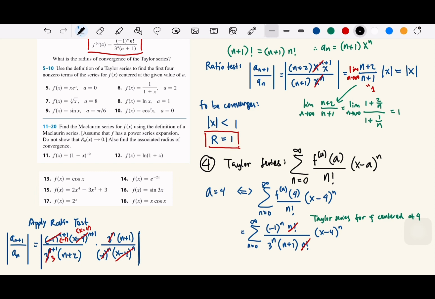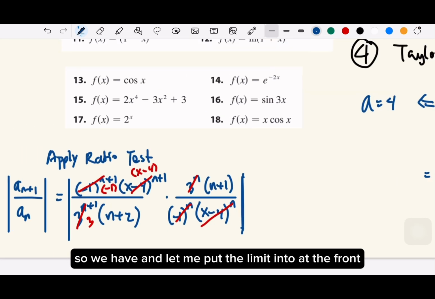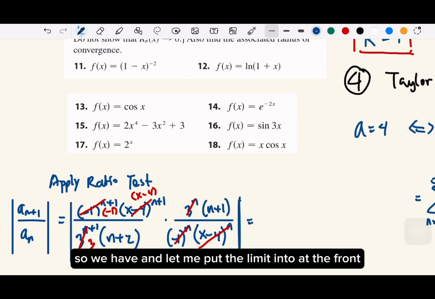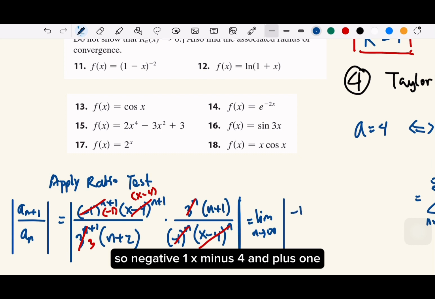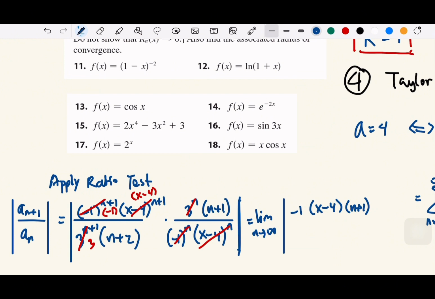Okay, so let me put the limit at the front. So negative 1 to the n, x minus 4 to the n plus 1, over 3 to the n plus 2.